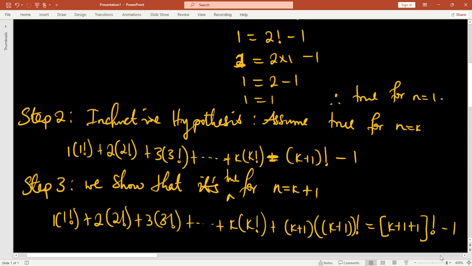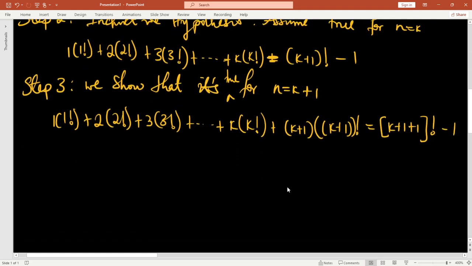Okay, so starting from the first term up to the k term, these terms give us the left hand side of the inductive hypothesis.